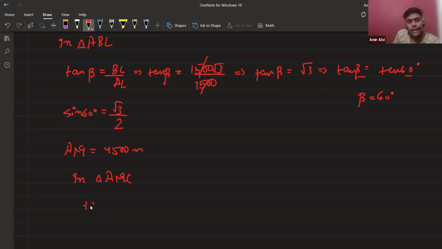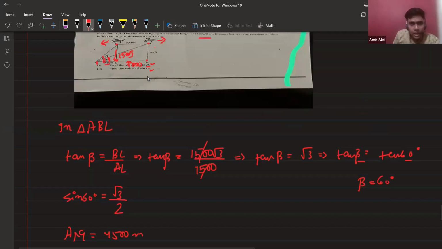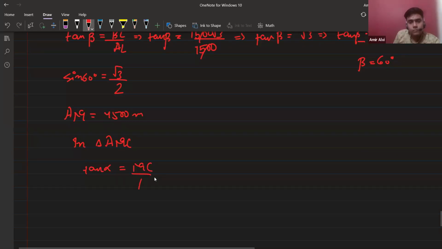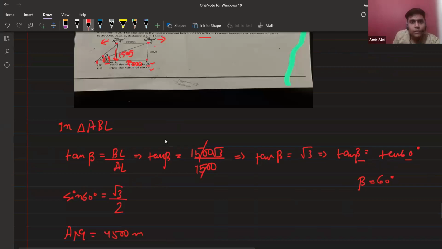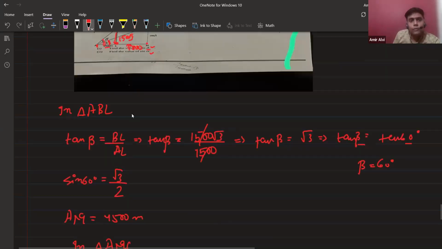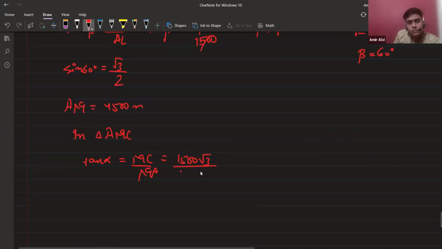Can I write tan alpha as MC upon MA? So MC is nothing but 1500 root 3. Yes, sir. And this is nothing but 4500.